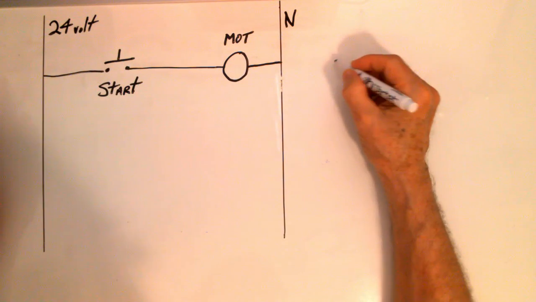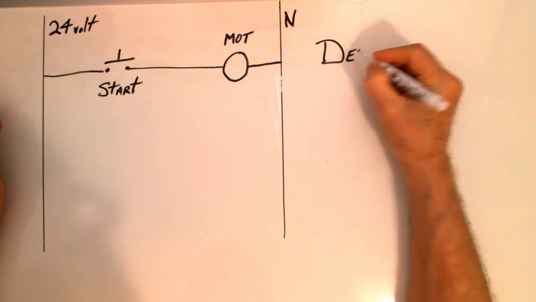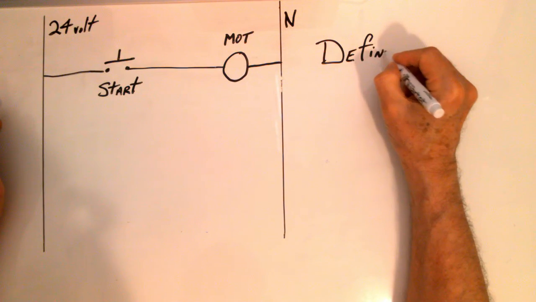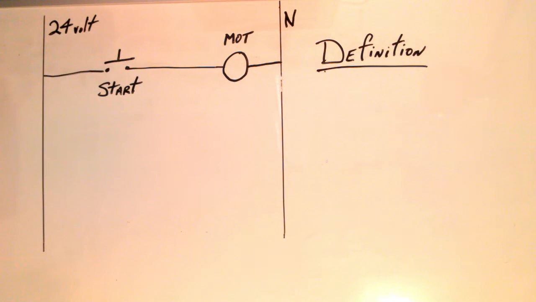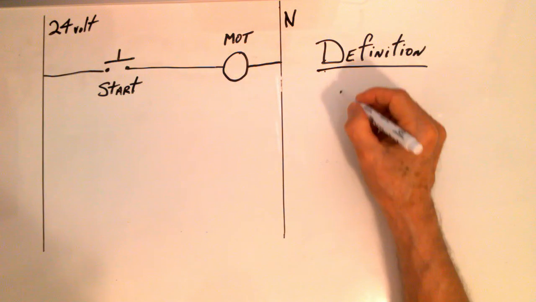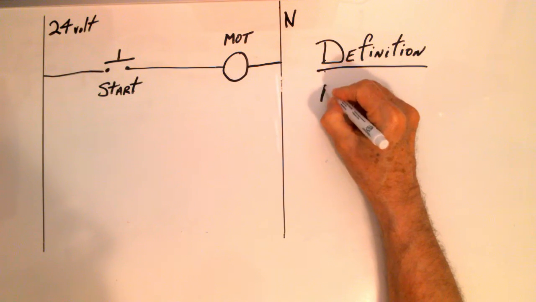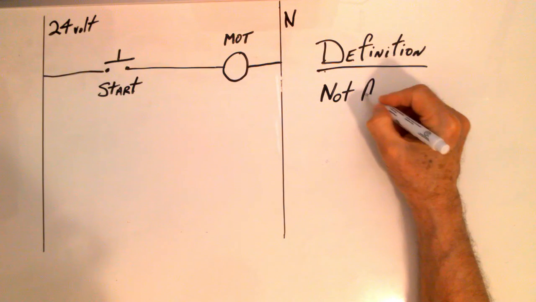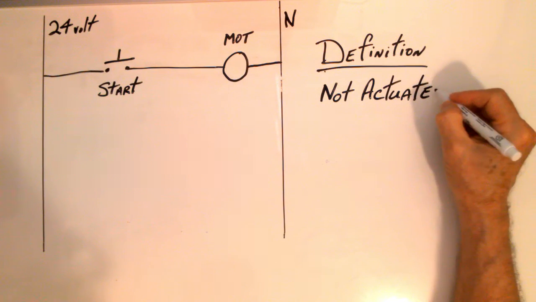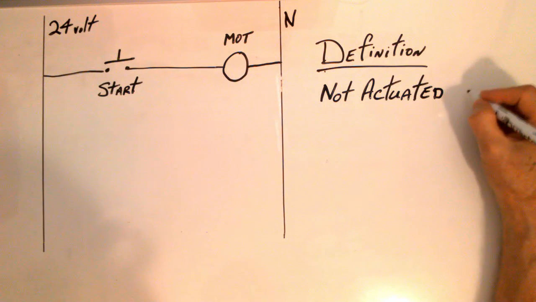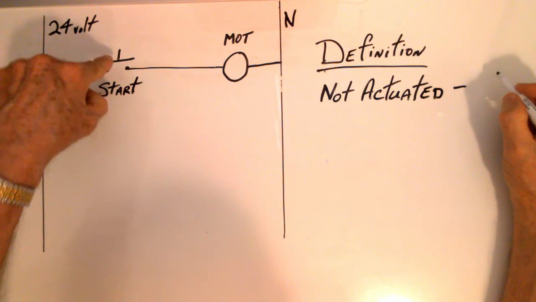So let's get some definitions down here real quick. What we want to define is an input device, if it is not actuated, in Boolean logic we say that this is a state of 0, not actuated, meaning that no one has pushed that button.